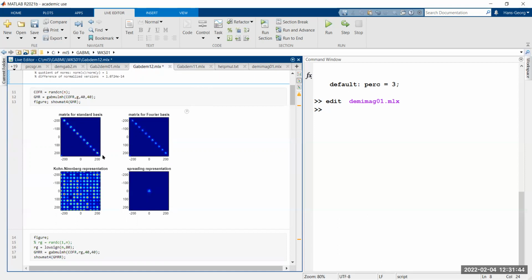Now, the operator that you get is concentrated at these blobs. So what is this plot? This is the matrix of the Gabor multiplier. This is the matrix for the Fourier transform side, which looks very similar. And this is the Kohn-Nirenberg symbol, and this is the spreading domain.